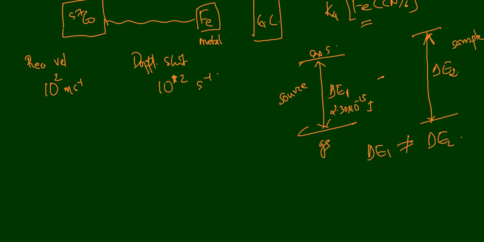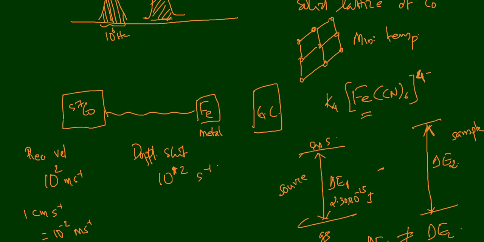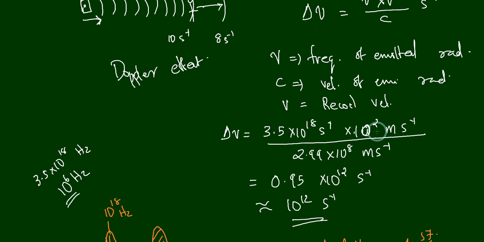If we calculate the Doppler shift for a recoil velocity of around 1 centimeter per second, which is equal to 10 raised to minus 2 meter per second, we can substitute 10 raised to minus 2 instead of 10 raised to 2 in this calculation.